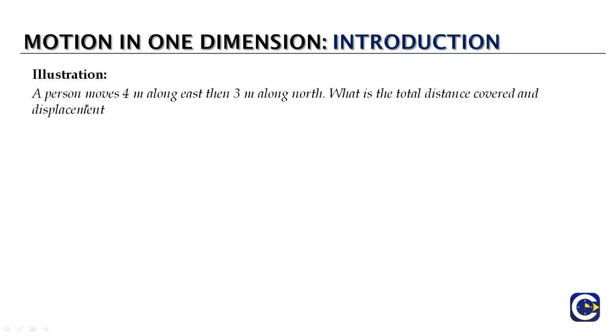Let's look at this illustrative problem which will try to make the concept of displacement and distance clear to us. So we have a person who is moving 4 meters along east, and then he is changing the direction to move 3 meters along north. We need to find what is the total distance covered and what is the displacement.